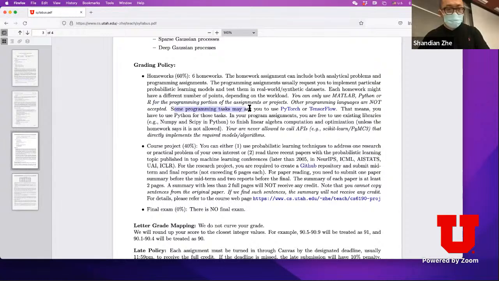For some programming tasks, we may ask you to use PyTorch or TensorFlow, right? Especially when we talk about generative adversarial networks and Bayesian neural networks. We request everyone to use PyTorch or TensorFlow or other automatic differentiation libraries. We don't want you to implement everything from scratch, like computing the gradients.